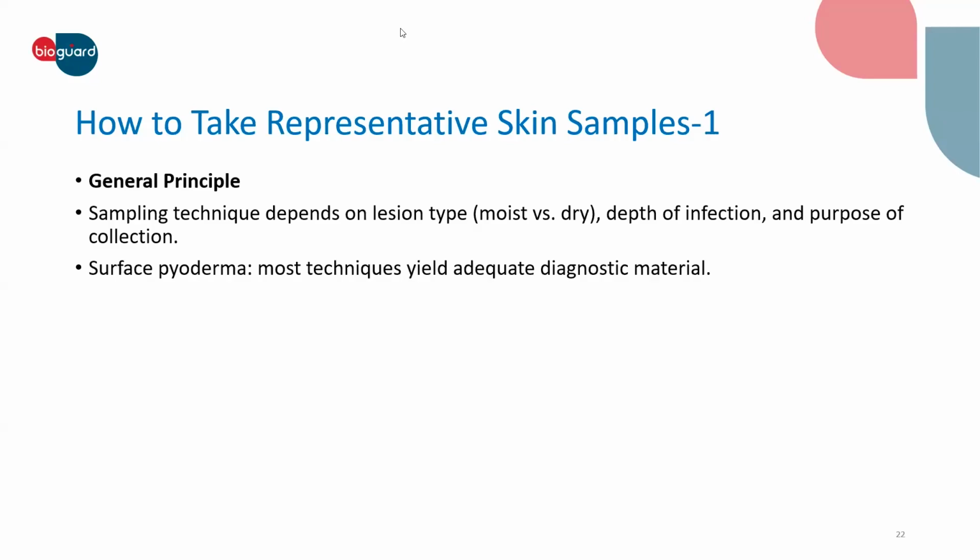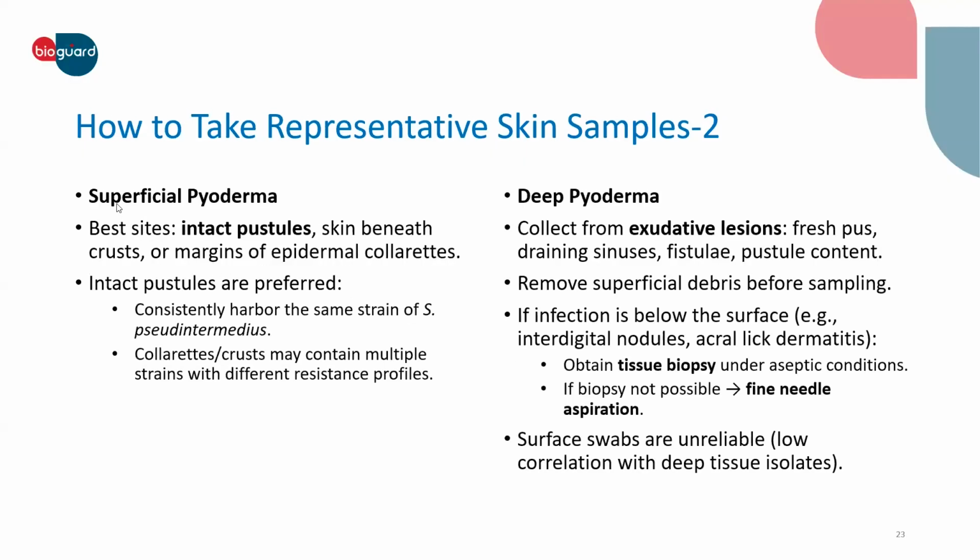And for surface pyoderma, the most technique yields adequate diagnostic material. So for surface pyoderma, taking the sample is actually quite easy. And for superficial pyoderma, the best site for sampling is the intact pustule or the skin beneath the crust or margin of epidermal collarettes.